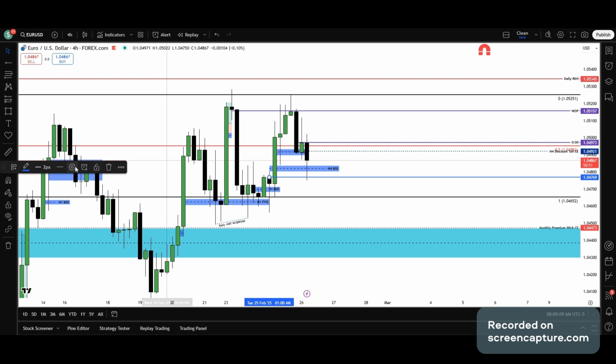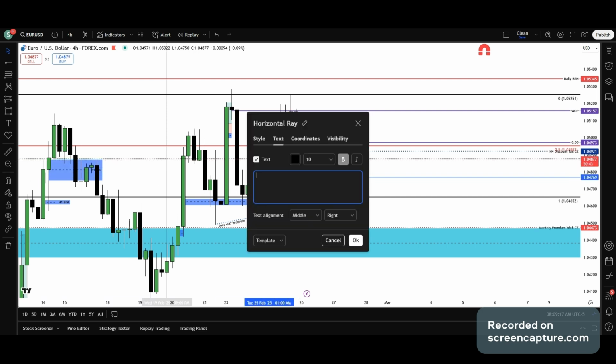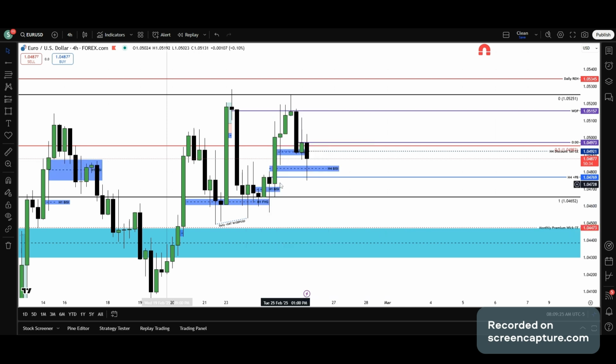We also have this propulsion block. And we get a nice expansion away from that 4 hour key level.